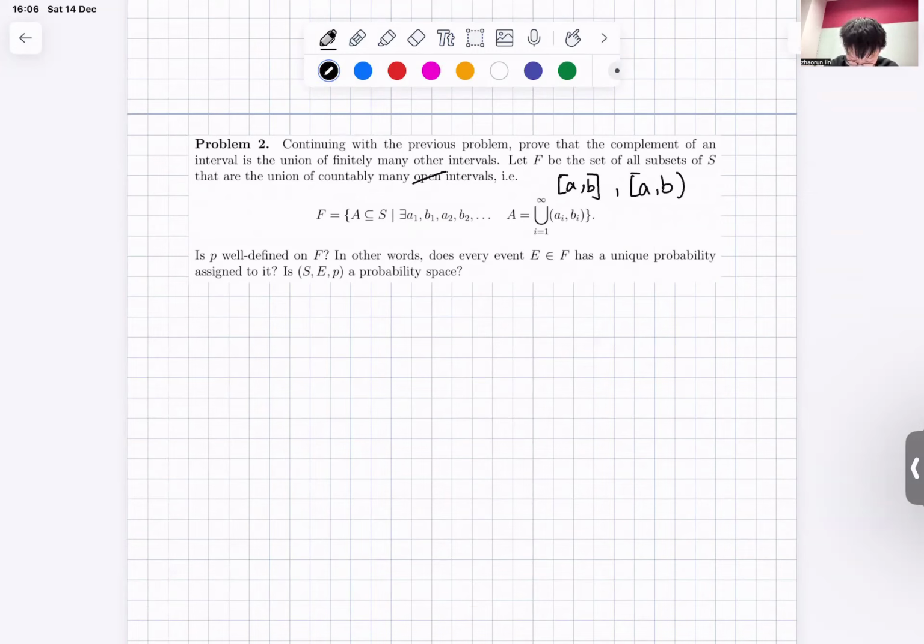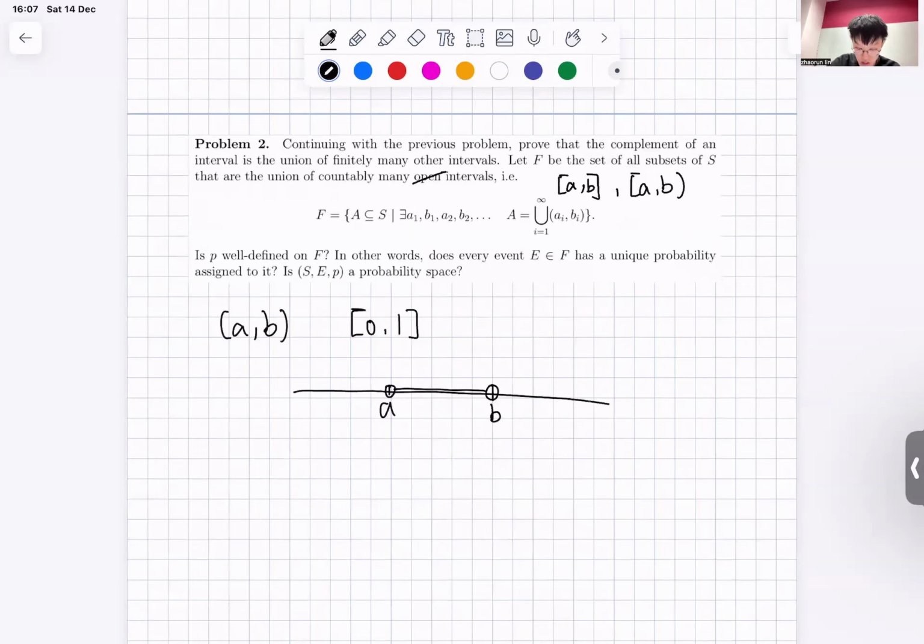We want to first prove that the complement of an interval is the union of finitely many other intervals. It is actually easy to see. Take any interval in the range from 0 to 1, say (A, B), where A and B are not included in this interval.